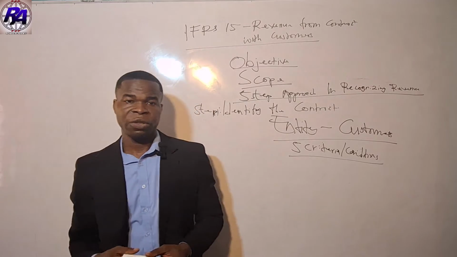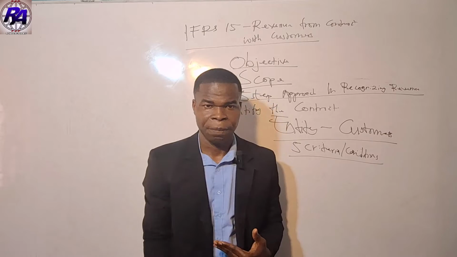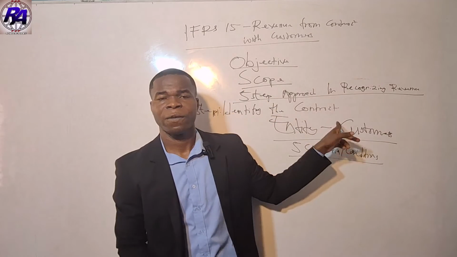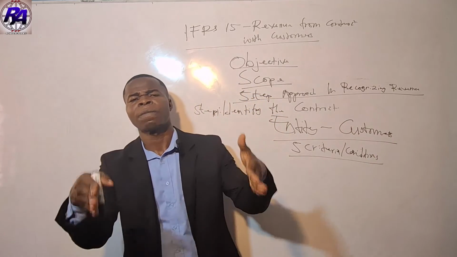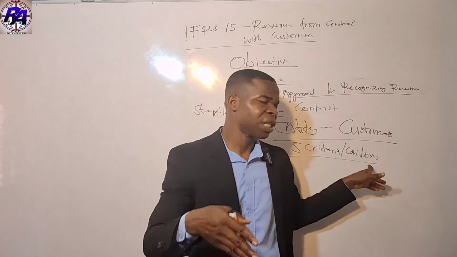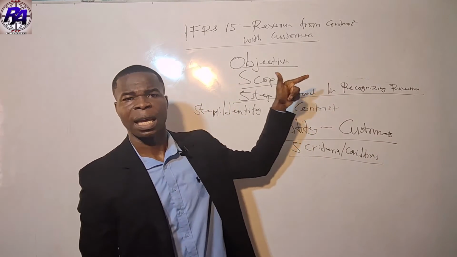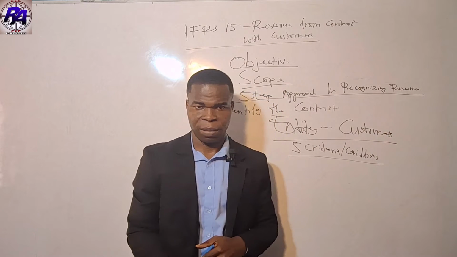So I'm entering into a contract as the entity with a customer. Are all these 5 conditions present in that contract? It is only when these conditions are present that we will say that there's a contract between the entity and the customer.